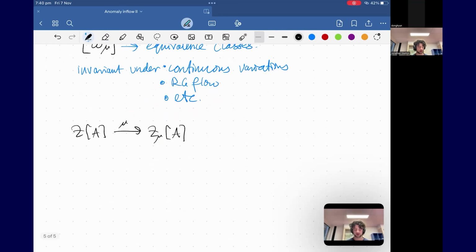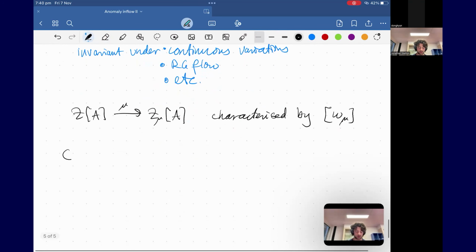So then this theory is going to be characterized, because we have the equivalence of the anomaly inflow condition, by our deformation classes, omega mu.